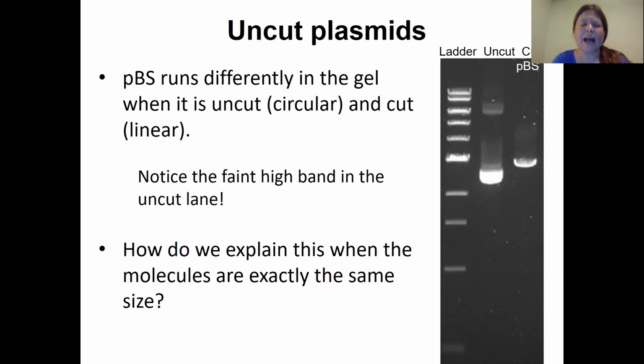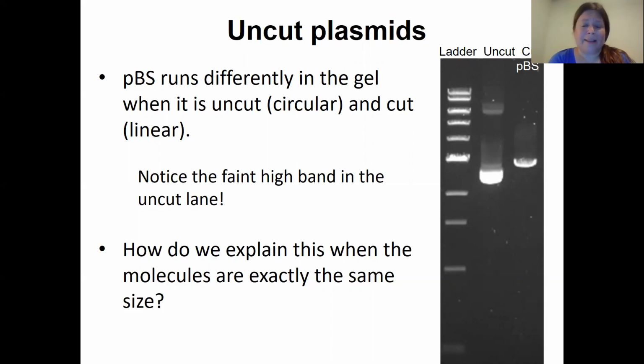If we look here at the cut lane, that's just pBluescript that's been digested with EcoR1, we can see that it's running at about 3 kb. If we look at the uncut lane, which in this case was not treated with any enzymes at all, again, it looks kind of weird.